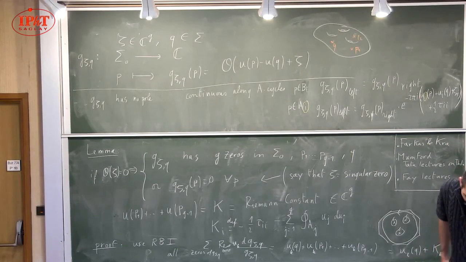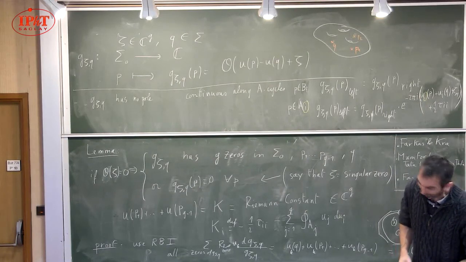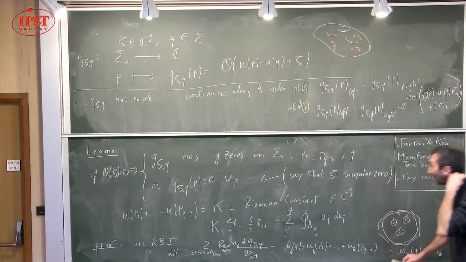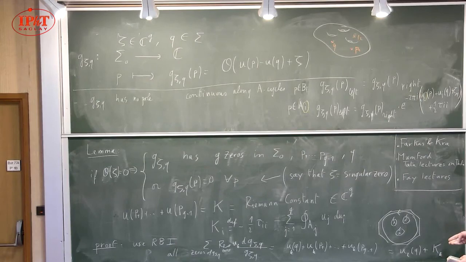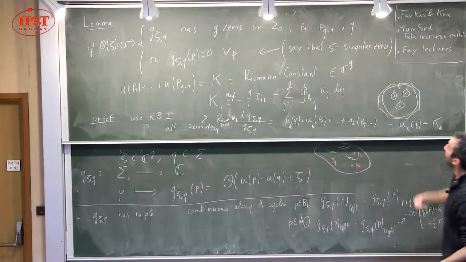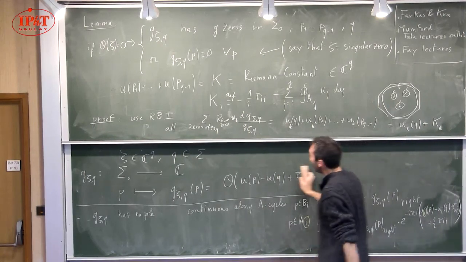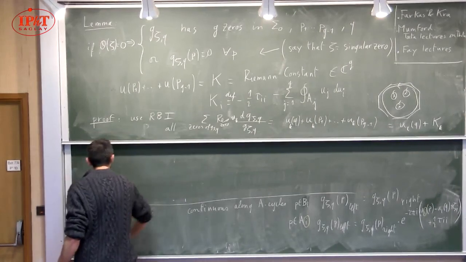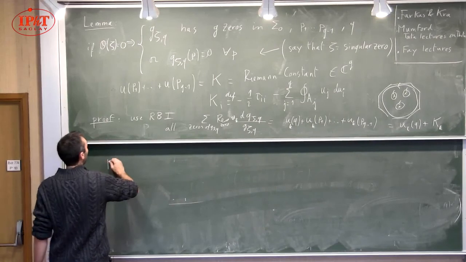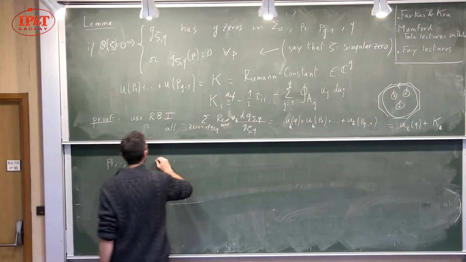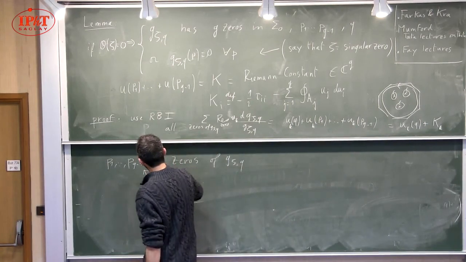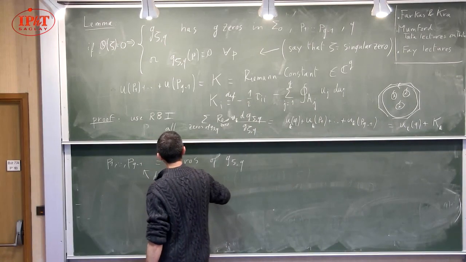So the subtle property is that, a priori, since p1, ..., p_{g-1} are the zeros of G(zeta, q), you could think that they are functions and that they depend on zeta and q.